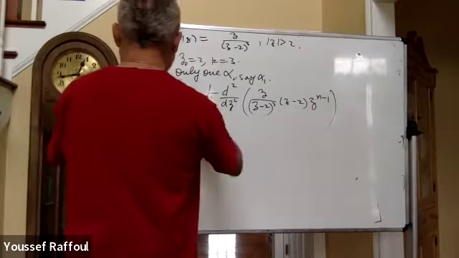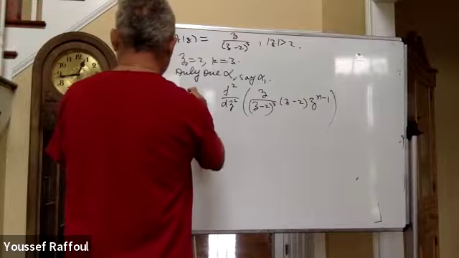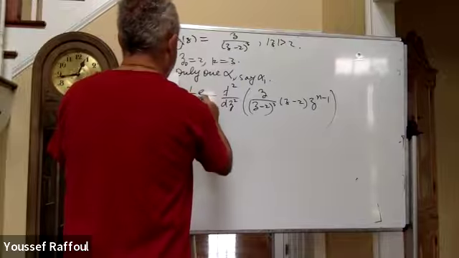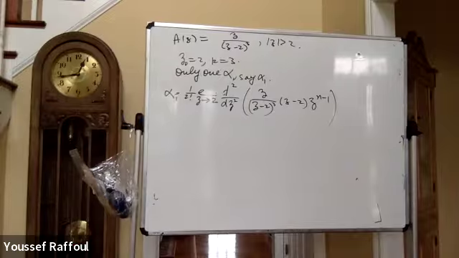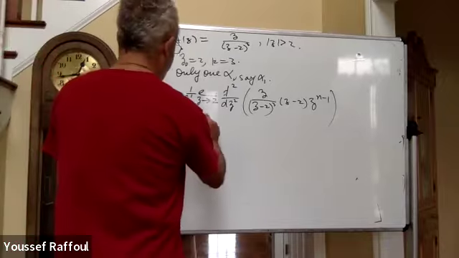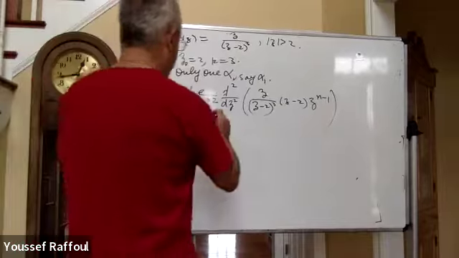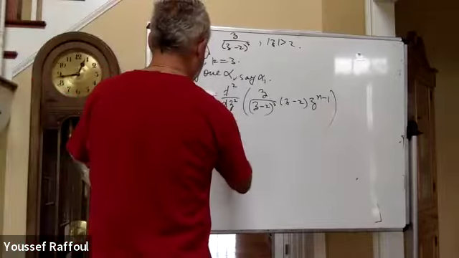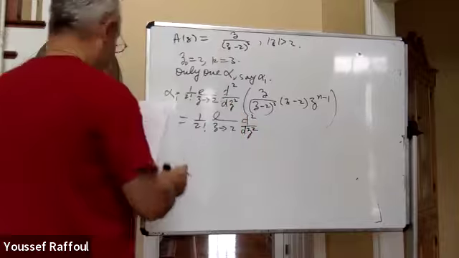And this is the limit, sorry, I forgot the limit, as z approaches 2. Now, this is 1 over 2 factorial. Let's simplify this, the limit as z approaches 2.